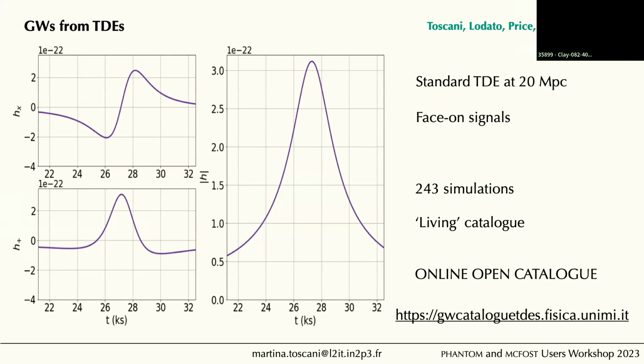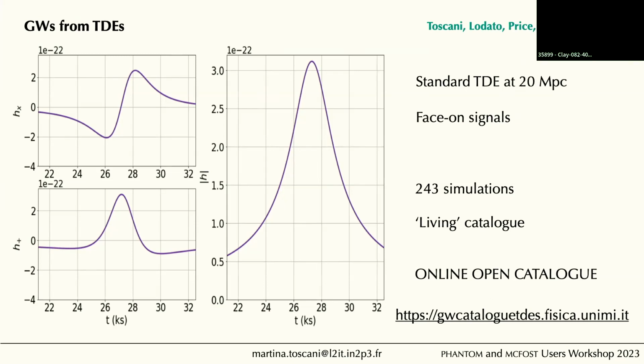So here is the signal from a standard TDE, so from the sun-like star disrupted by a 10^6 solar mass black hole. You can see that I plot the two polarization amplitudes and also the associated burst. In this case, I assume that we are observing the system face on, and we are locating, like always, the system at 20 megaparsec.